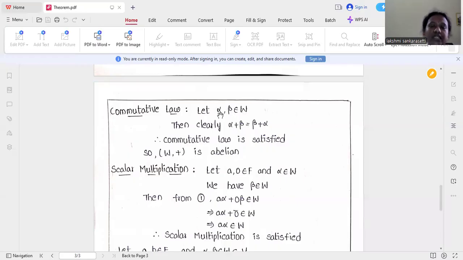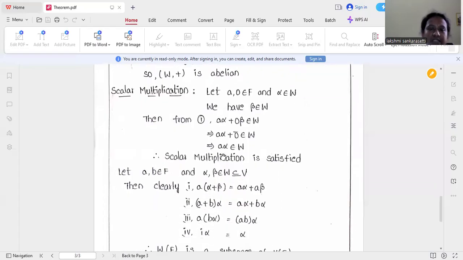So if we select any two elements in W, we can take the equality alpha plus beta equals beta plus alpha, because W is a non-empty subset of V. So the commutative law is satisfied. Hence, using the five properties, we proved that (W, plus) is an abelian group.